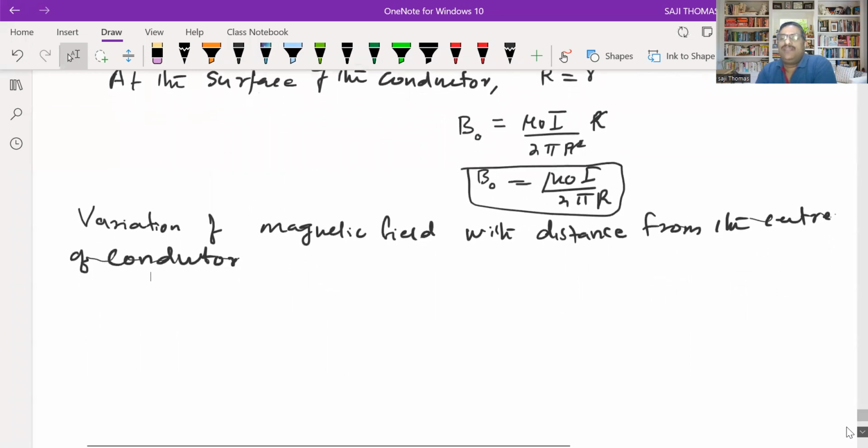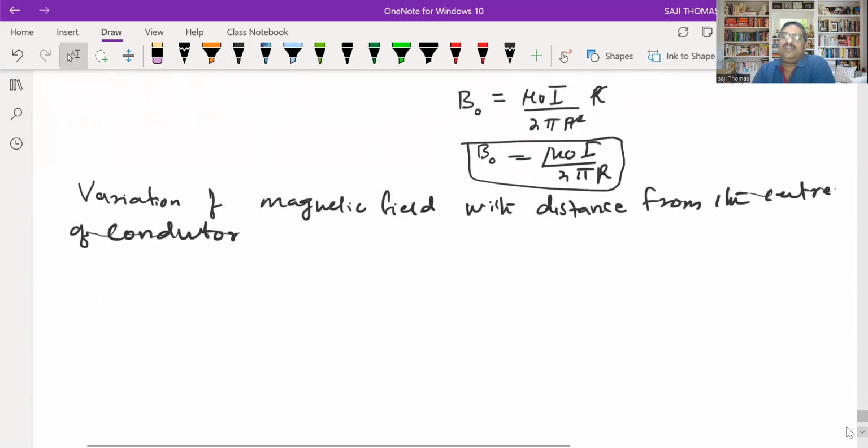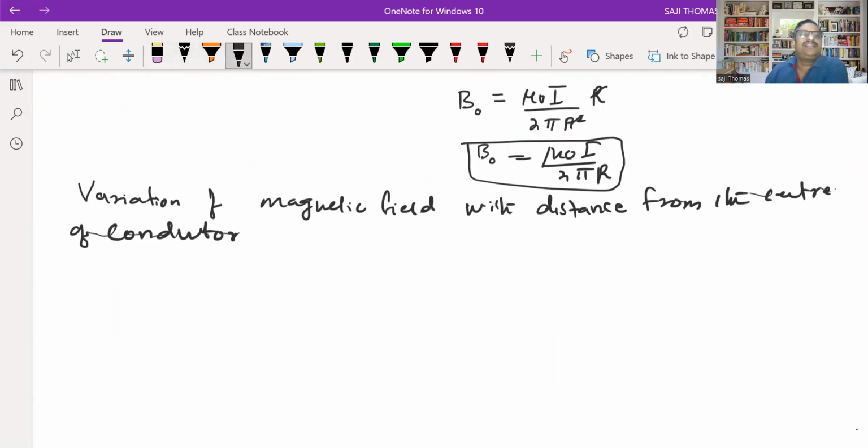This topic is very important as a derivation, and they can also separately ask to draw the variation of magnetic field with the distance from the center. So along the y-axis, I take B, and along the x-axis, I take r.